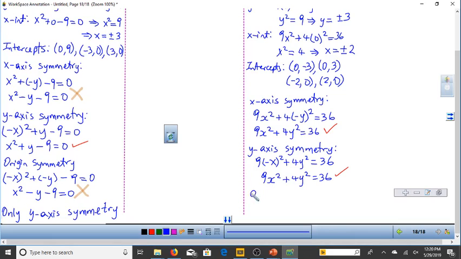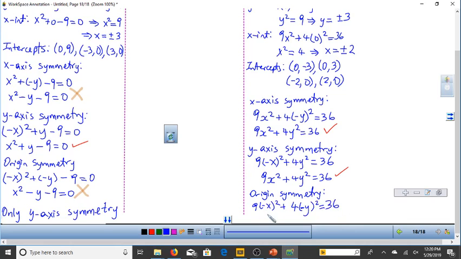And now for origin symmetry, we're going to replace all our x's with negative x and all our y's with negative y. And then we will see what we get.